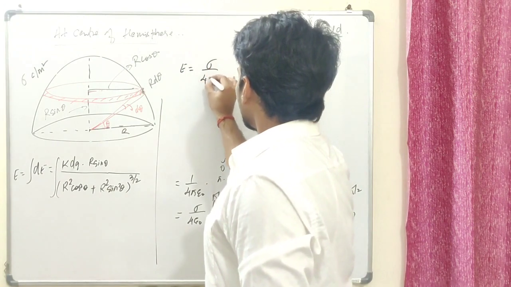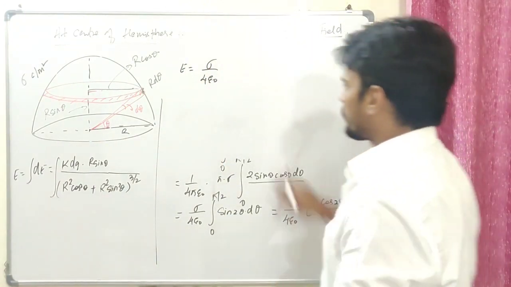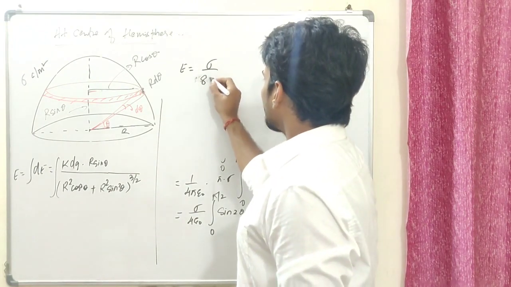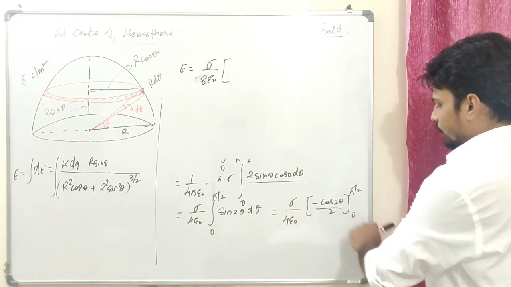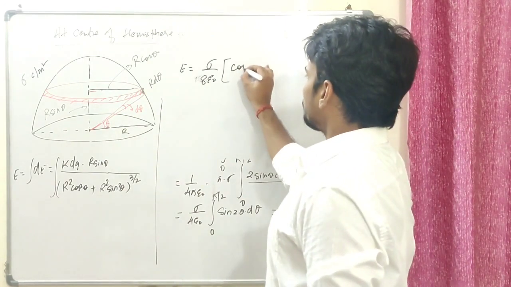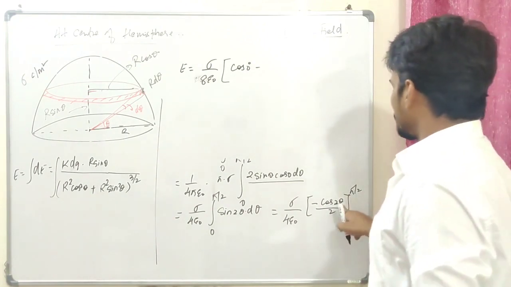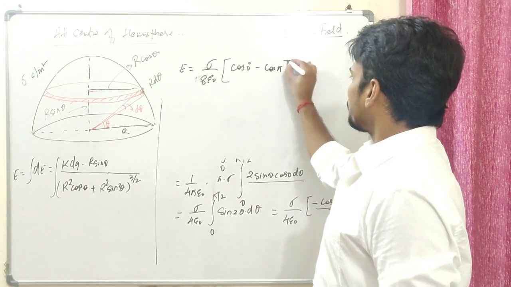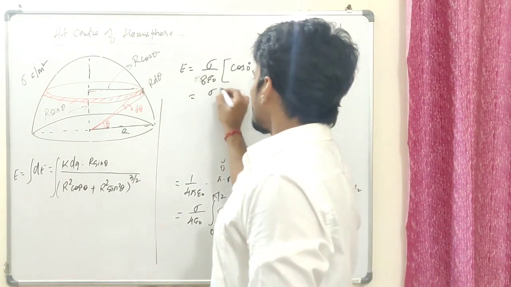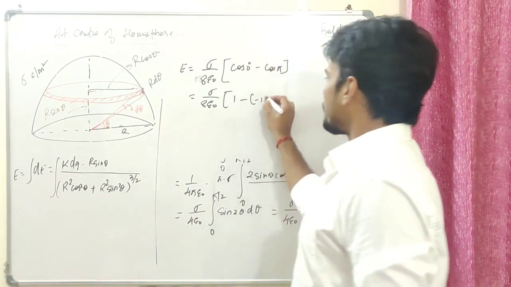So the net electric field should be how much? Sigma over 4 epsilon naught. Let us put in the values. This 2 is going to come out, I'm going to write 8 epsilon naught. It's a negative sign, so cos 0, cos of 0 degrees, minus cos of 2 theta, which is pi by 2, so it's going to be pi, minus cos pi. I'm going to have sigma over 8 epsilon naught, 1 minus of minus 1.